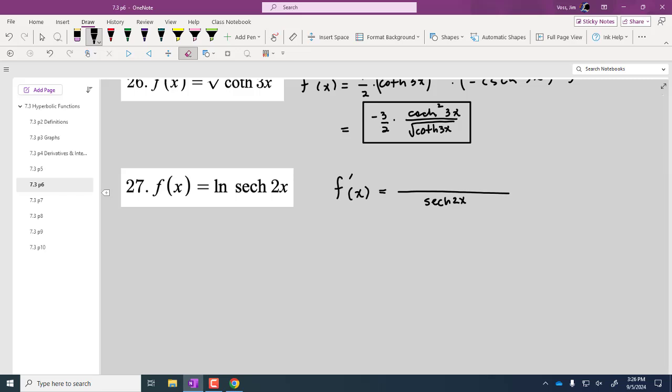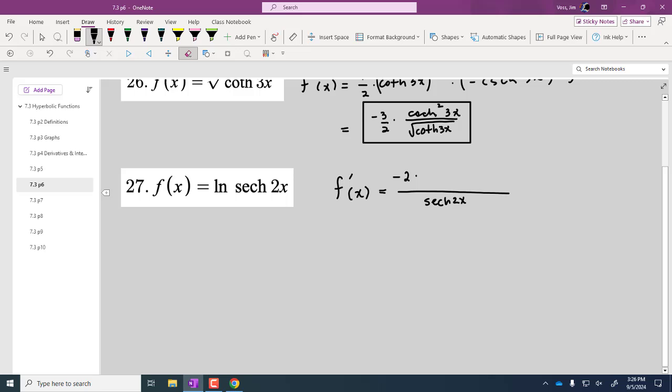So we always start, if we differentiate a log, with 1 over the inside. And then the derivative of the inside. Before we think about the derivative of the inside, let's notice that it's not one of the primary 3. Sinh, cosh, and tanh are the primary 3. Those all have positive derivatives. This is one of the secondary 3, so it has a negative derivative. So we know it's going to be negative. And we see the 2x in there, so we know there's going to be a negative 2 times.